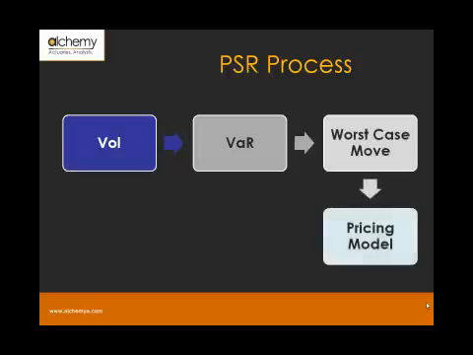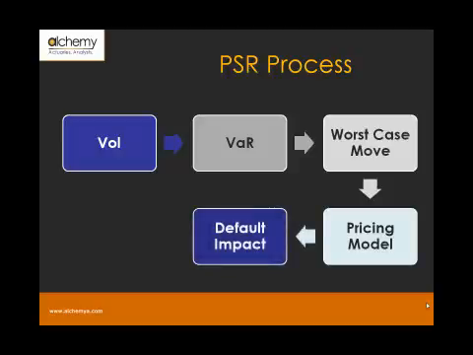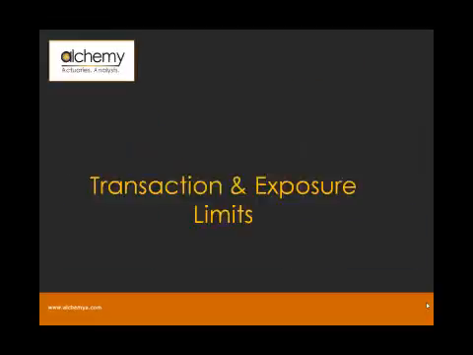We then plug that into a pricing model. We then calculate the impact of a default if the counterparty fails to deliver or refuses to deliver or cannot deliver the contract or its obligation, and that gives us our final PSR limit. That's the process. From vol to VAR, from VAR to worst case, from worst case to pricing model, from pricing model to default impact, from default impact to PSR.